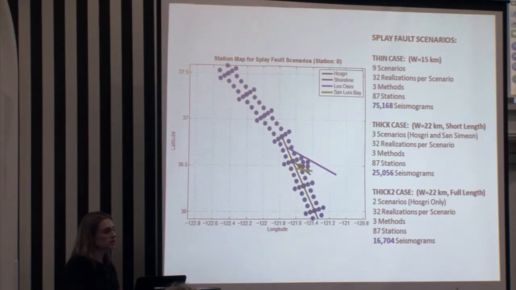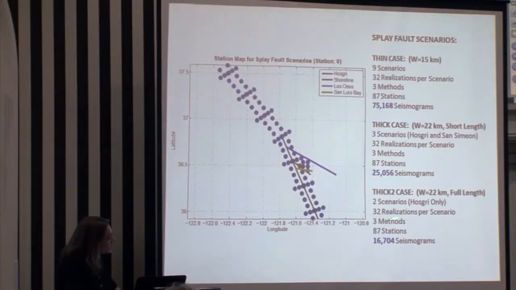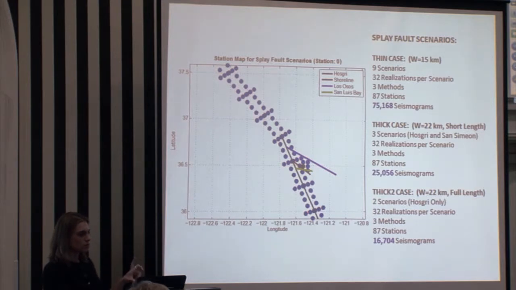We extended the width down to 22 kilometers based on the recommendation by Rob Graves for how to implement his model. And when we did that, for this case, we shortened the length of the fault to maintain the Leonard scaling. For this case, we extended the width to 22 kilometers, but we didn't then shorten the fault.